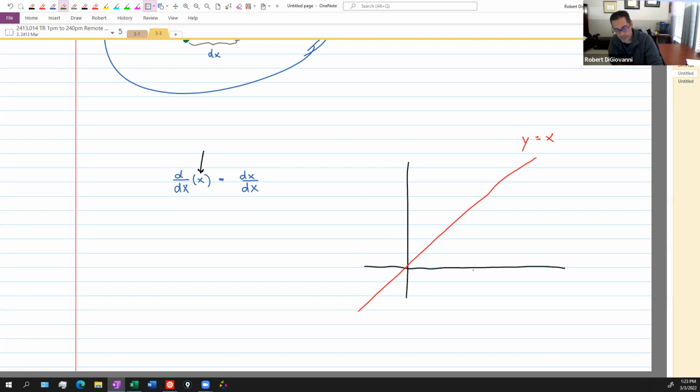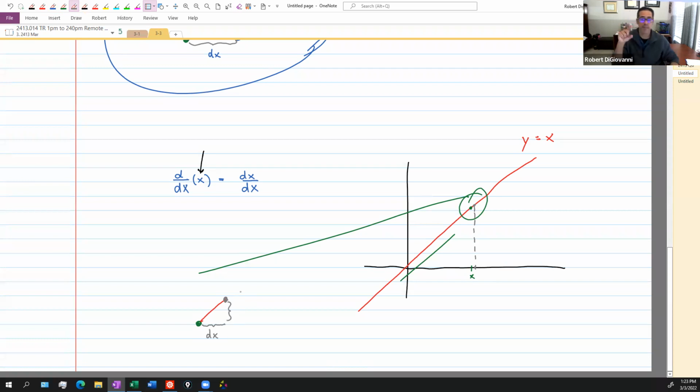If I pick some point x here, go up to the graph, and then zoom in on that, we've got our point. The function is coming out at a perfect 45-degree angle. And if I pick another point right next to it, just slide over to the right a little bit, pick a point, plug it in, this is dx, but what would dy be?